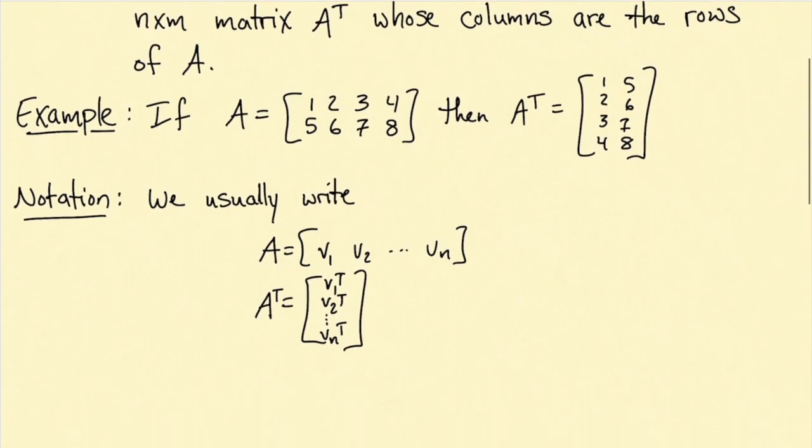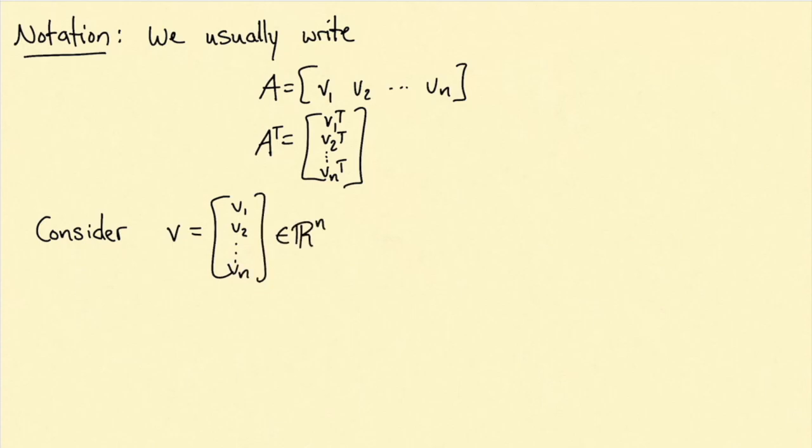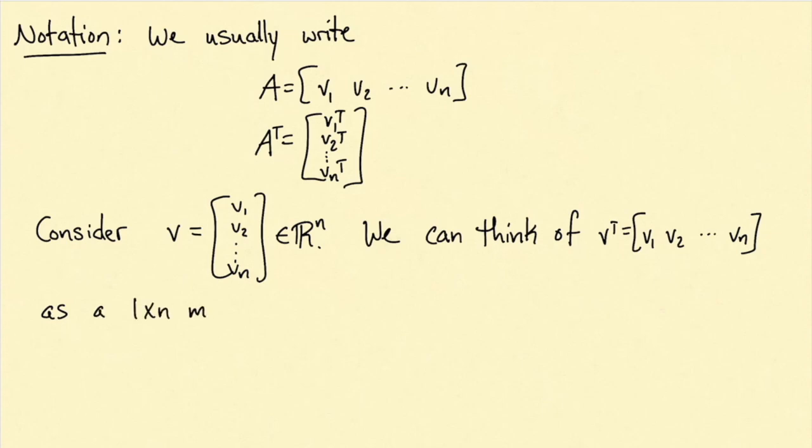So to see why the transpose is an interesting object, let's think about a vector with entries v1, v2 down to vn. We can think of the transpose of this vector, v transpose, as the 1 by n matrix with entries v1, v2 down to vn.